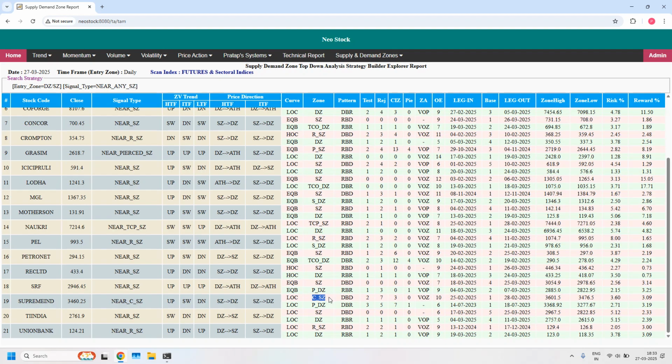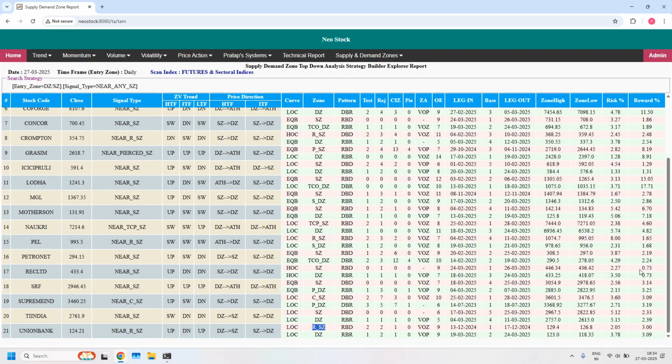Next one is Supreme Industries, having a high liquidity daily supply zone. Next, Union Bank is having a high liquidity daily supply zone.